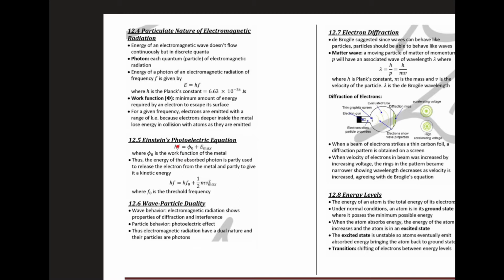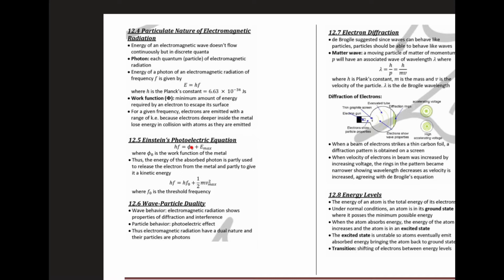So the energy of the UV light, some is used to provide the energy to escape its surface, which is called phi naught, which is the work function. So work function is basically the energy to make the electron release from the surface to overcome the attraction.